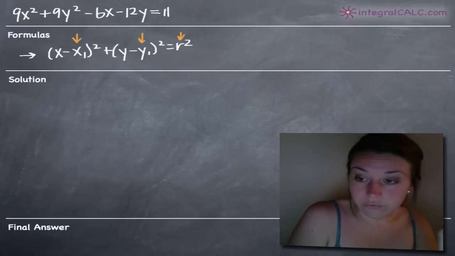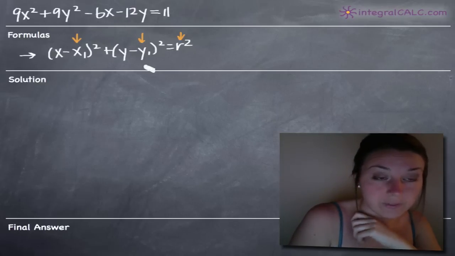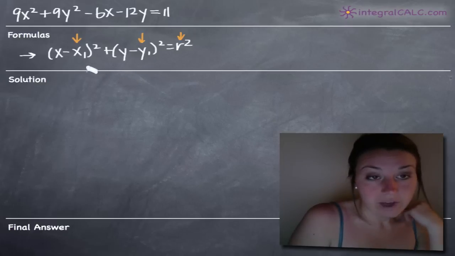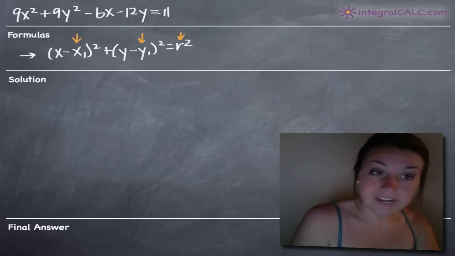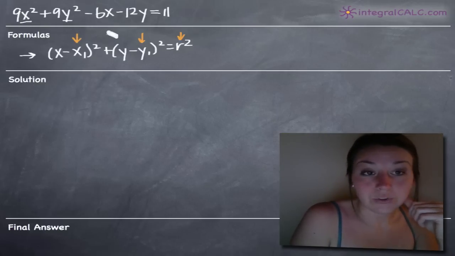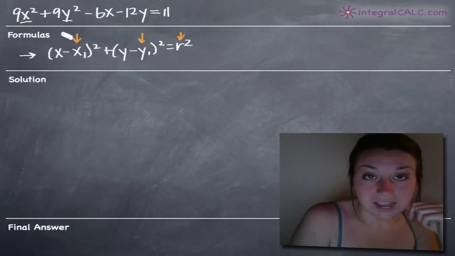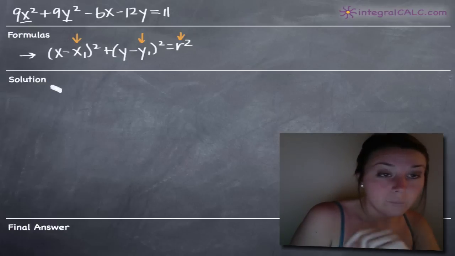So what we need to do first in order to convert our equation into the form given in this formula is divide through the entire equation by 9. And the reason we need to do that is because we need to make the coefficient on the x squared term and the y squared term equal to 1. Right now it's equal to 9, so we need to divide through everything by 9 in order to get that to be 1.